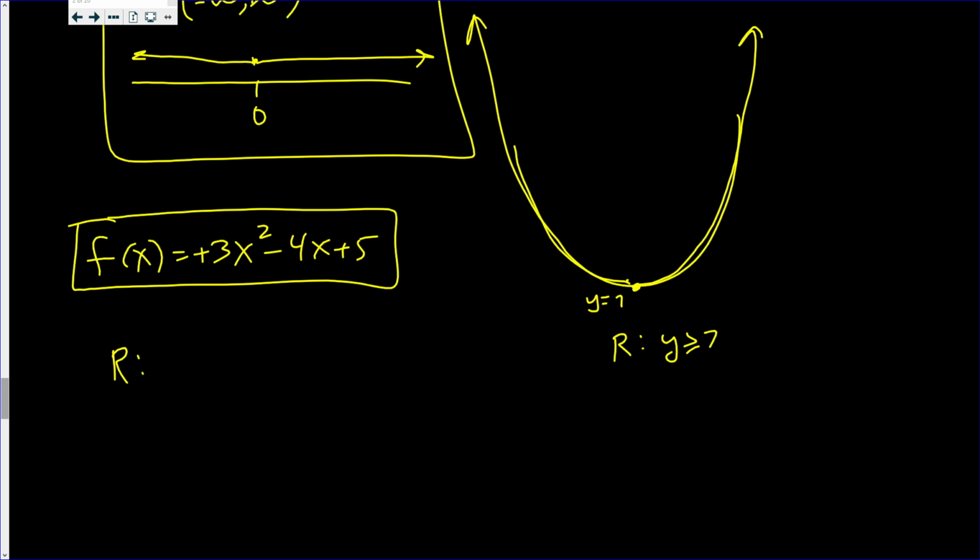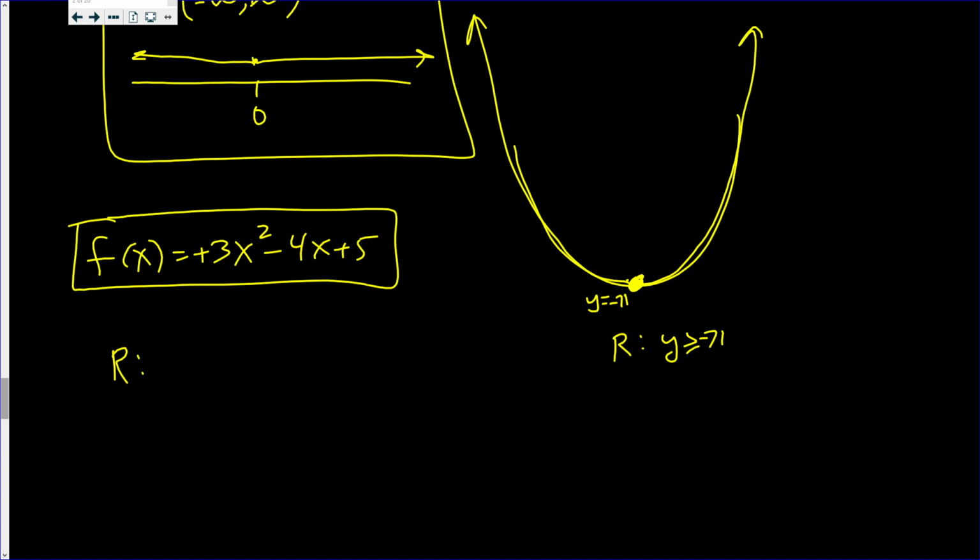And if this y value, if this min was 71, this graph takes on all values 71 and above. If it's negative 71, then the range is y is negative 71 and above. The point is, find that point.